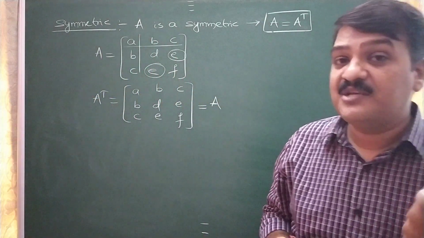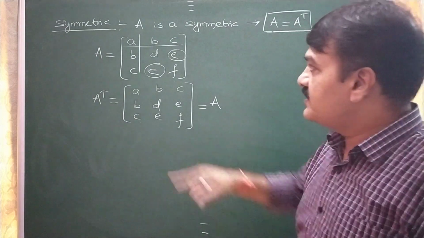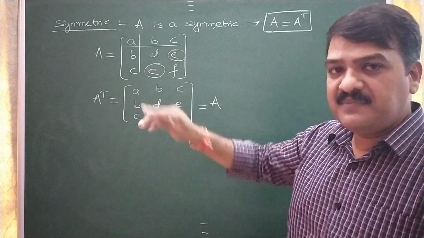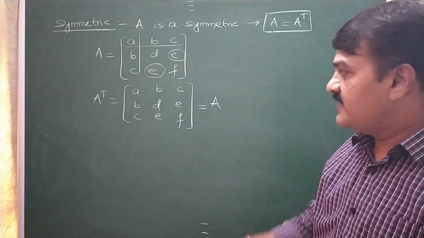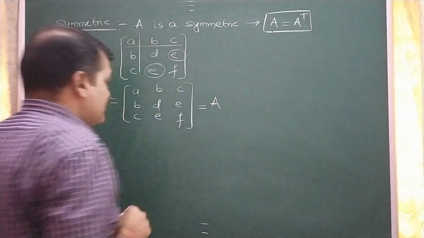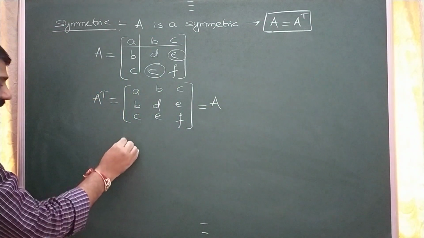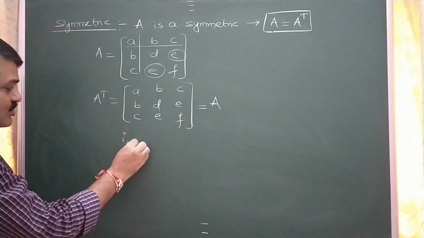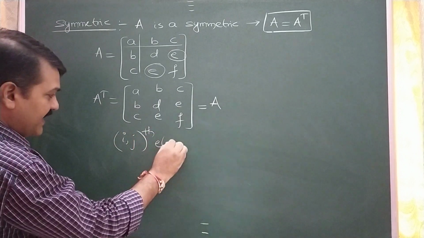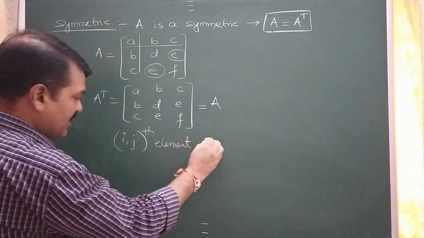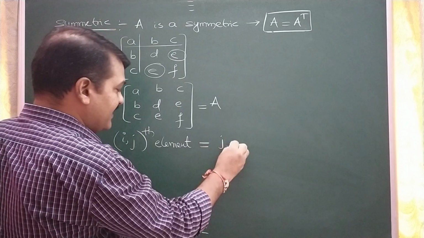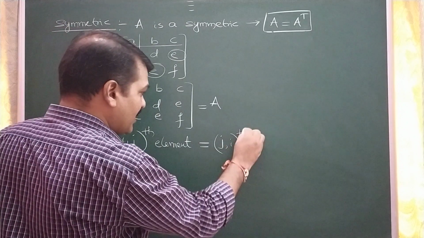When you are given a 3 by 3 matrix, if the first row and first column are the same and these two elements are the same, it will be a symmetric matrix. If you transpose, you will get the same matrix. So basically, a symmetric matrix means an element in ith row, jth column must be the same as the element in jth row, ith column.